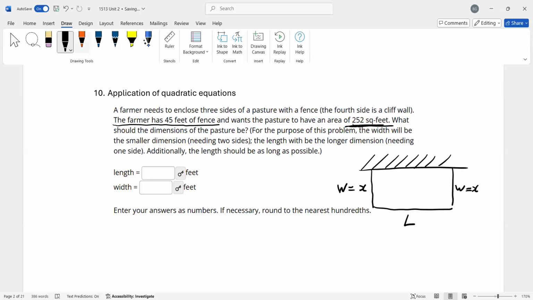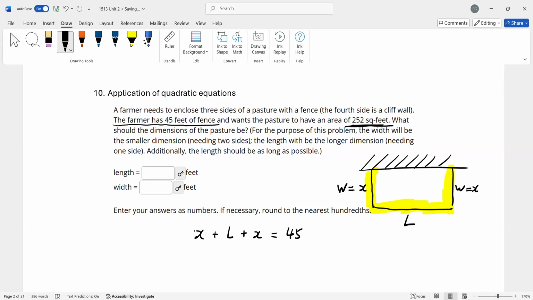The 3 sides, this side, this side, this side, should be 45 feet, right? Because that's what the farmer has. So let's say the farmer used all the fence he has, so 45 feet. That means the width x plus the length plus another width, those 3 sides should use up the 45 feet of fence, right?